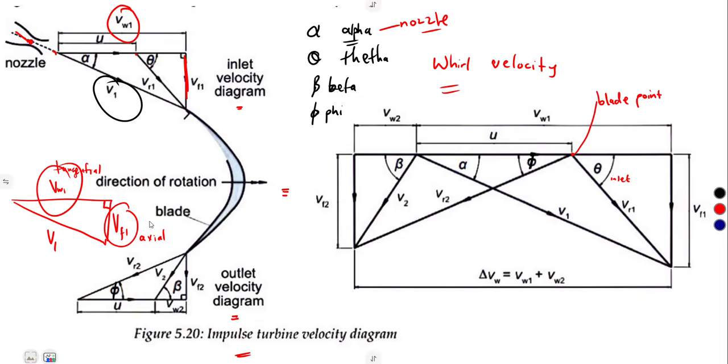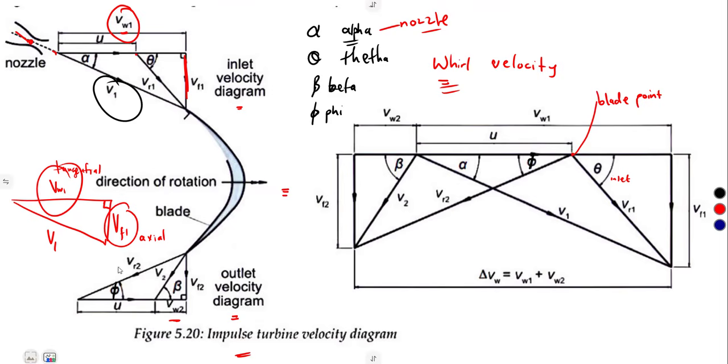The tangential components are referred to as wheel components, the wheel velocity: wheel velocity 1 and wheel velocity 2. These tangential velocities are simply parallel to the direction of rotation. That is what we can see.